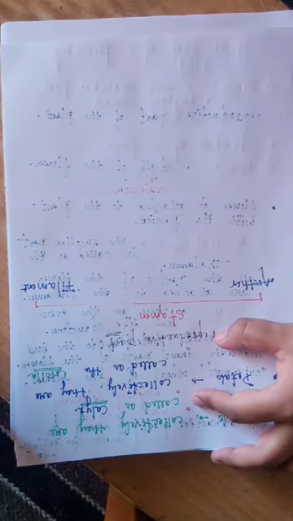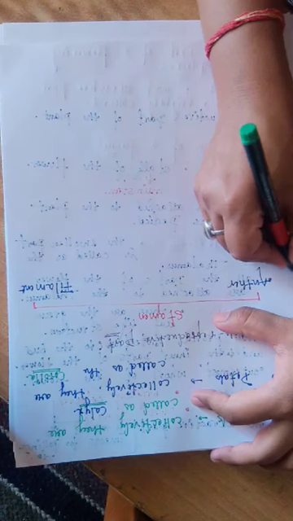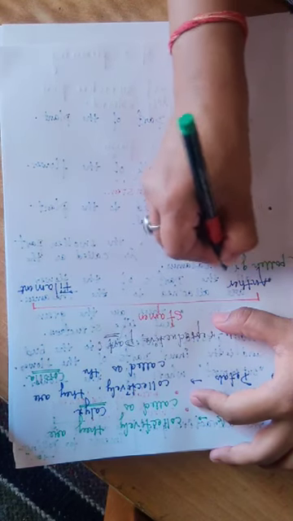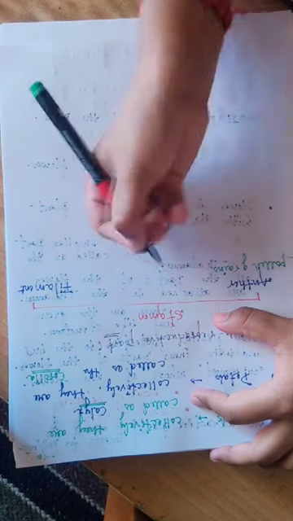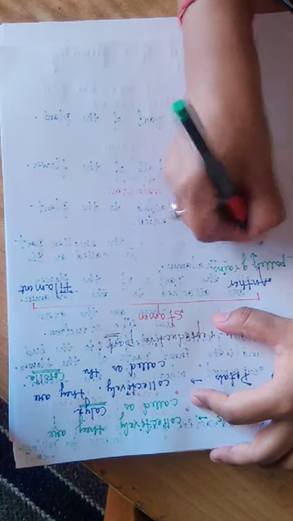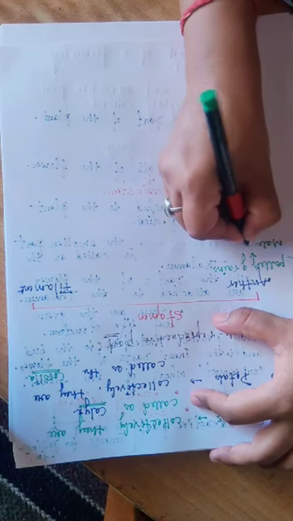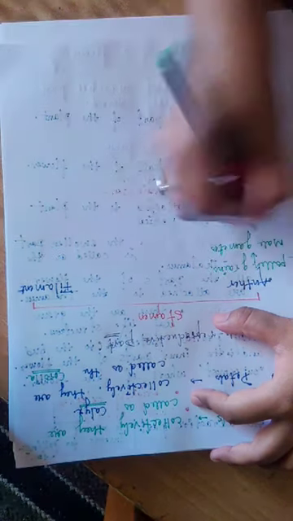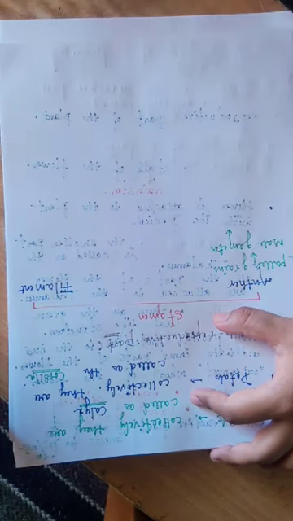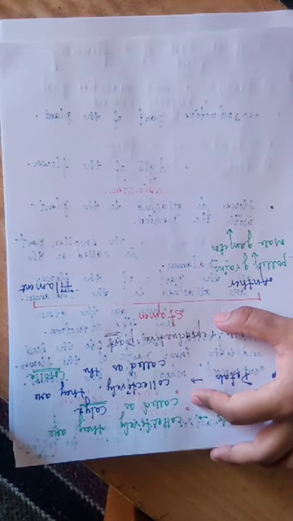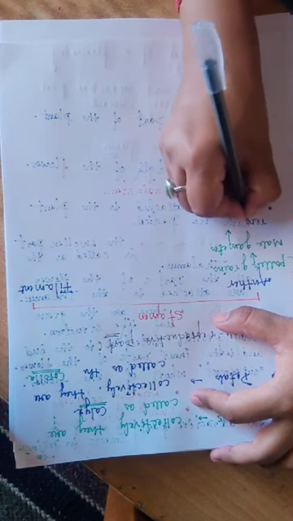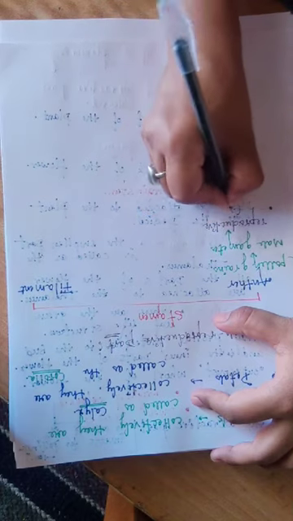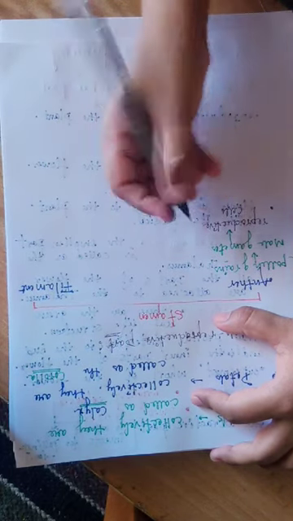This anther has pollen grains in it, and these pollen grains have the male gametes in them. Gametes means the reproductive cells, or eggs you may say, okay.